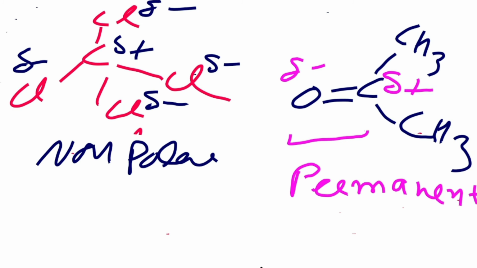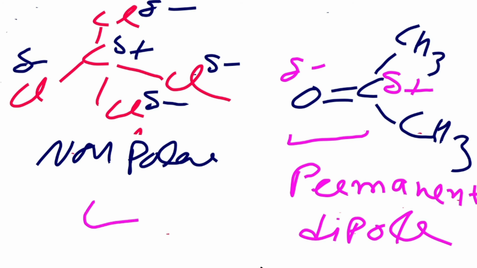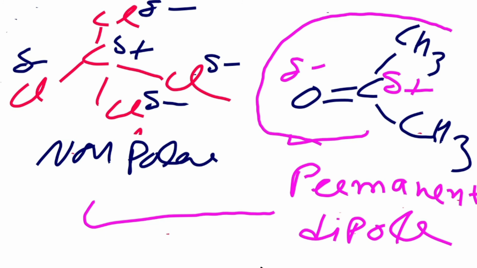It is having permanent dipole moment. So what is going to happen over there, beta? When these both molecules will interact with each other, this permanent dipole will give the polarity to this molecule, to the CCl4 molecule.